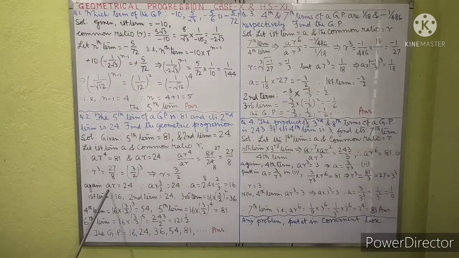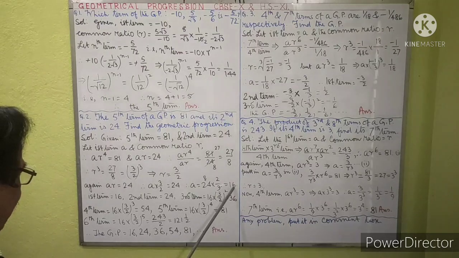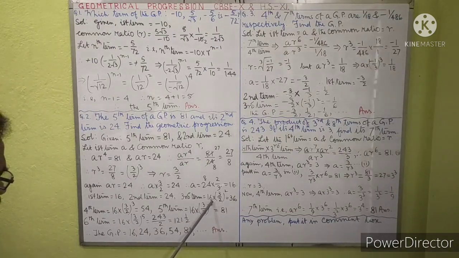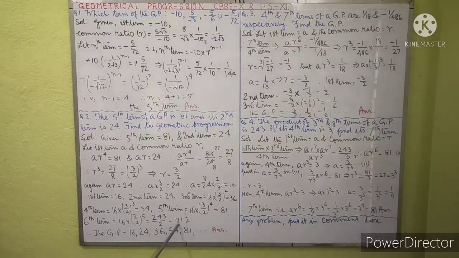Again, AR, the second term, is 24, therefore A into 3 by 2 equals 24, therefore A equals 16. Therefore the first term is 16 and the second term is 24, it is given. The third term equals 16, first term into common ratio to the power 2, that is 36, and the fourth term is 54, the fifth term is 81 and the sixth term is 121 and a half.